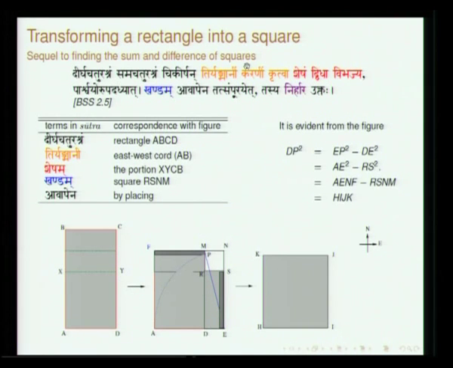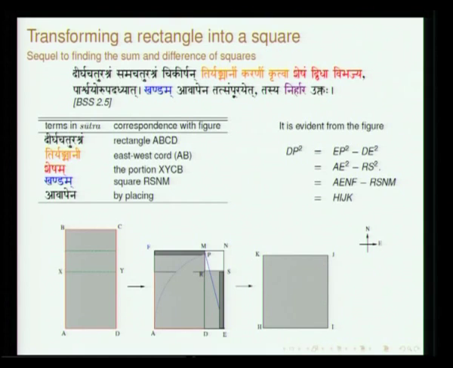Transforming a rectangle into a square. So, this is the next problem. The sutra goes like this: Dirgha Chaturashram Samachaturashram Chikirshan. So, Dirgha Chaturashra is a rectangle, Samachaturashram Chikirshan, you want to transform into a square. Chikirsha by the way is Kartum Ichha, you want to do that.